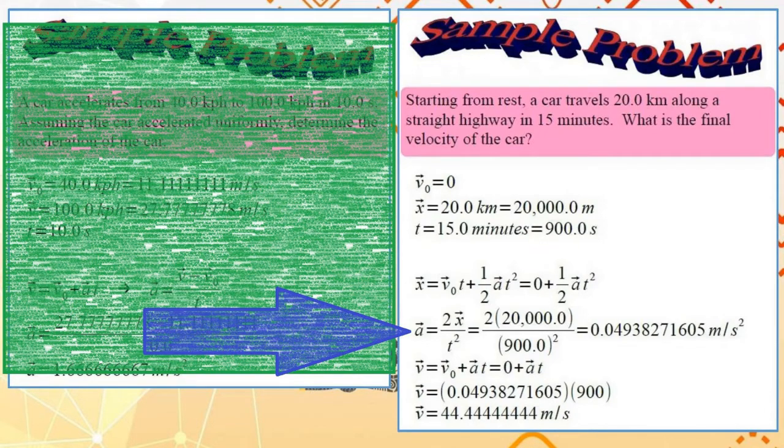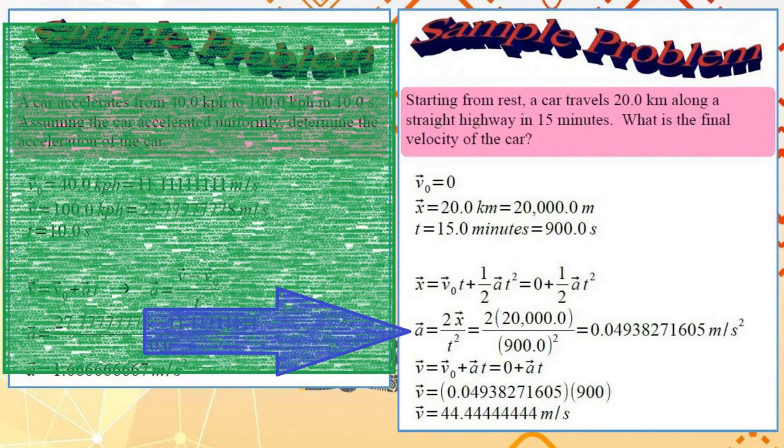And again, for uniform acceleration, you have four equations to choose from. If we look at the equation for displacement or position, x is equal to v naught t plus 1 half at squared.